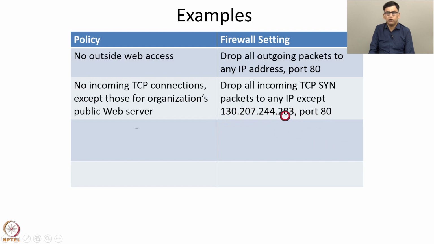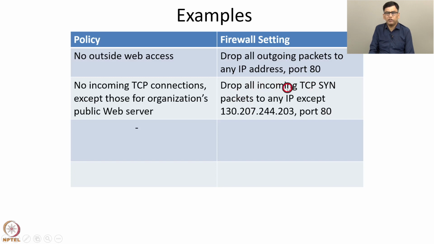port number 80. So this firewall setting enforces this policy because recall that at the time of TCP connection establishment, there are 3 packets exchanged. The first packet is the TCP SYN packet, and then the next packet is SYN ACK packet, and the third packet is the ACK packet. So the first packet that a user will have to send to set up a TCP connection is the TCP SYN packet.